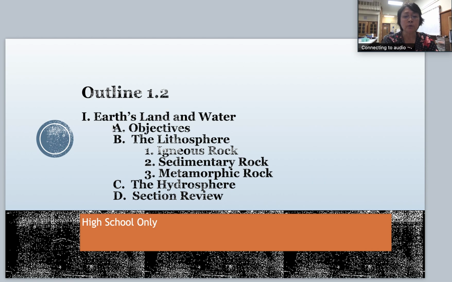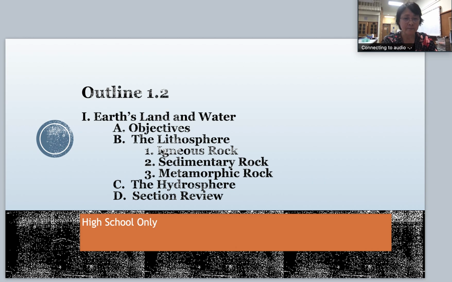Within this section, we will categorize the objectives. We have a subheading called the lithosphere, and within this subheading is a further subcategorization of some topics, and those include the igneous rock.